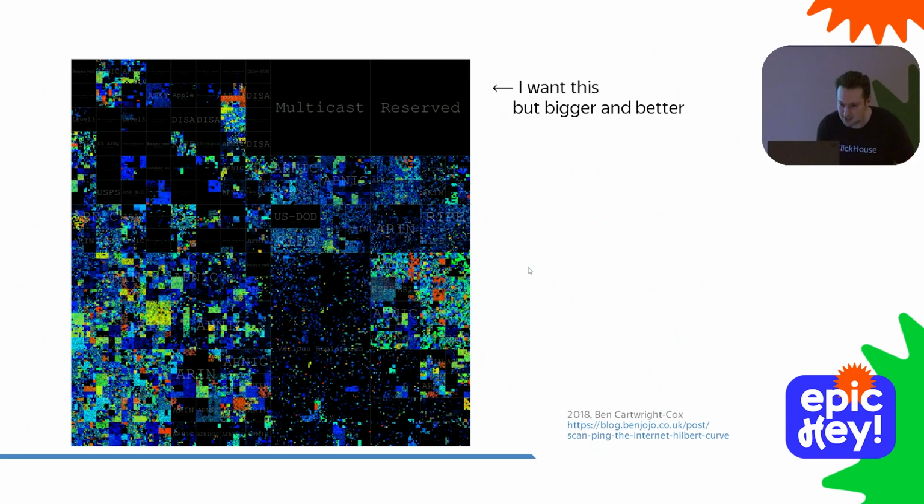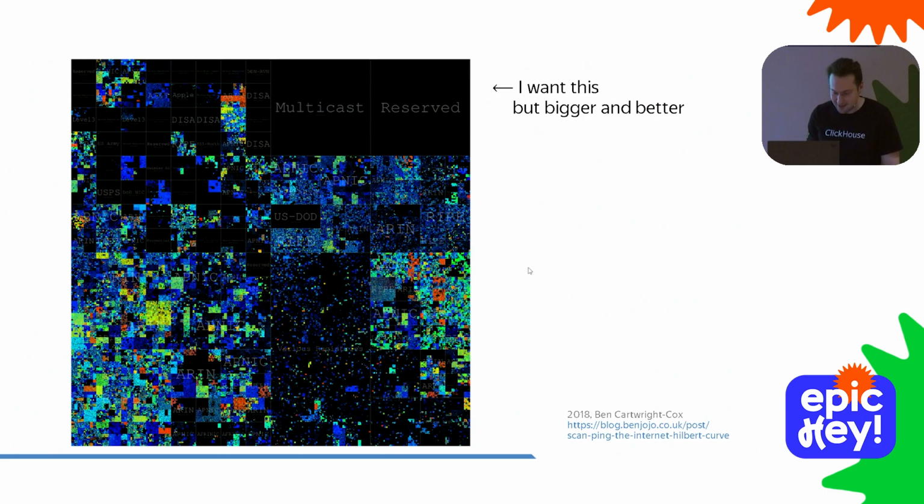Another example is here. It is like an internet scan, and every IP address that answered from a certain port will be like a pixel of this picture. I want a similar picture, but bigger.